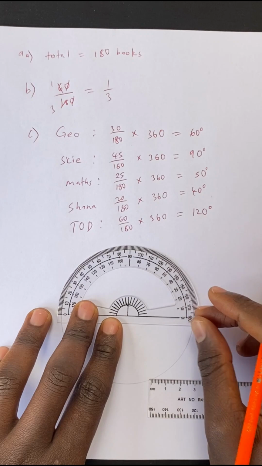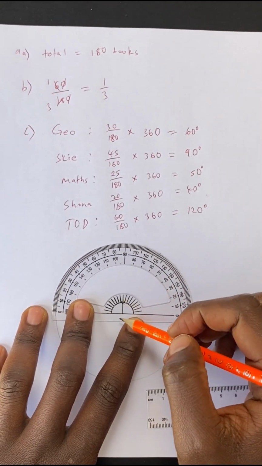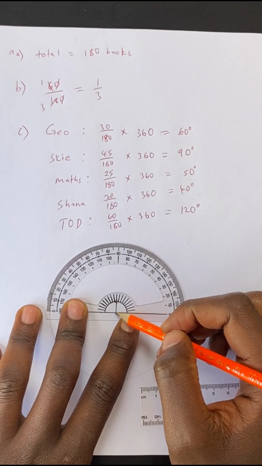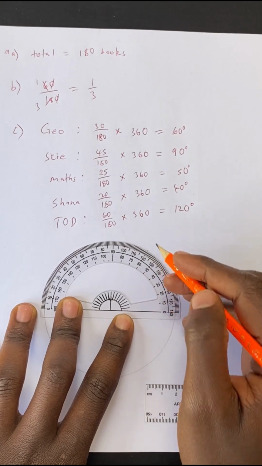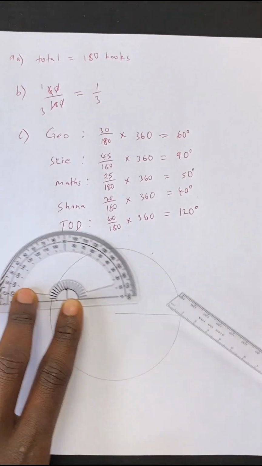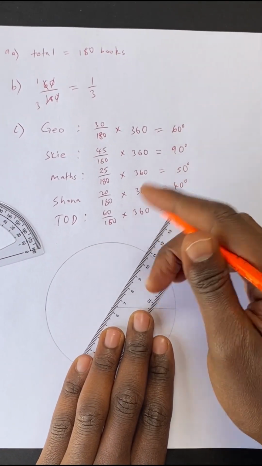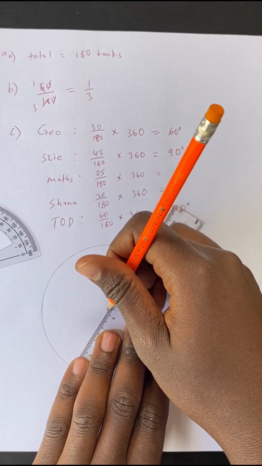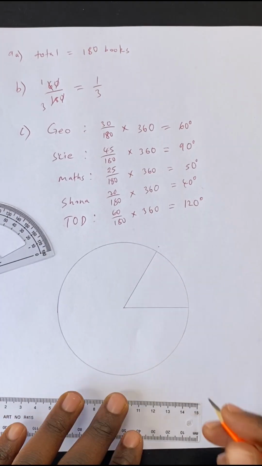So make sure that this line is directly on top of the baseline, and also the center of the circle is directly here. So 60 degrees measuring from this side. So it's going to mark here. That is your 60 degrees. And then just join the line which connects from the center of the circle to the circle here. So this is our 60 degrees.